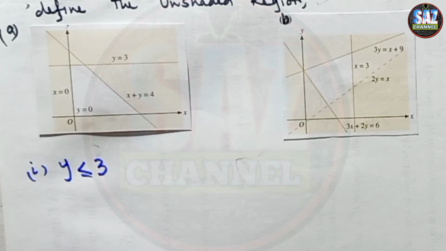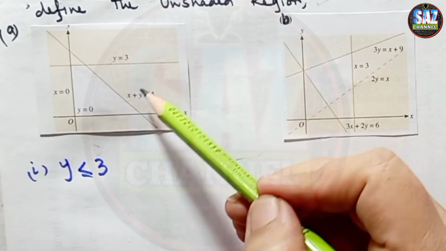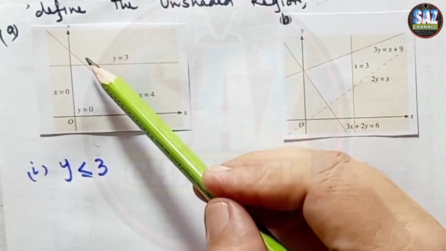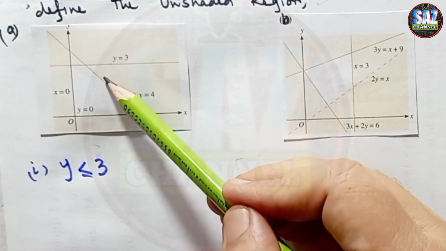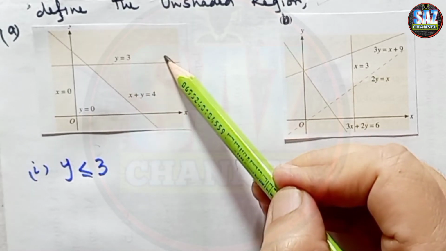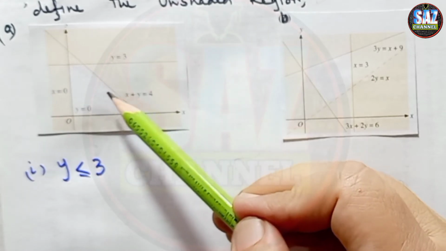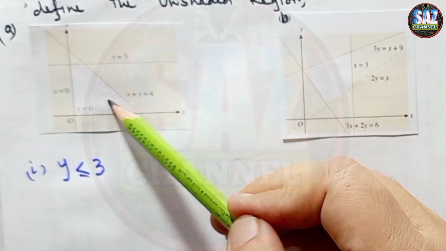Moving to the second line, x plus y equals 4. The shaded region is above this line and the unshaded region is below the line.